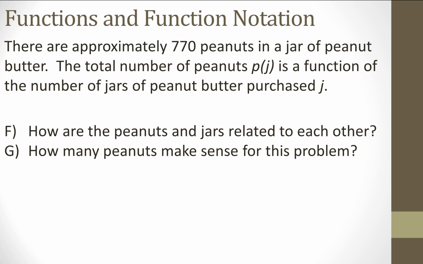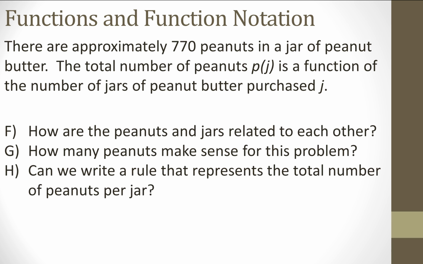Really what I'm doing is multiplying 770 by the number of jars that we are purchasing. So you can't talk about 1,000 or 3,000 or 8,000 or 9,000. The only numbers that make sense for this problem are multiples of 770. Multiples of 770 is what you should write for G.